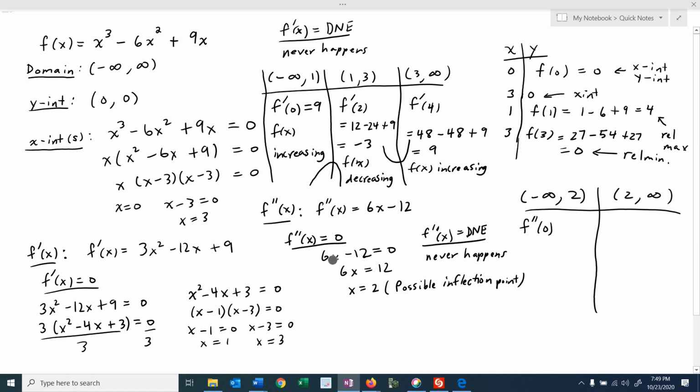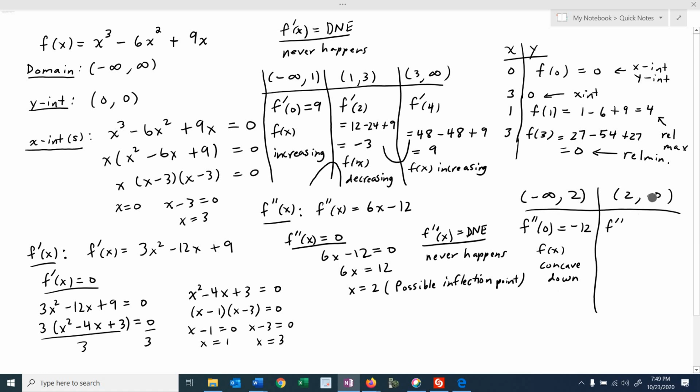Now let's plug that into the second derivative, and we get negative 12. And that means the function's concave down. Remember, when the second derivative is negative, it indicates that the function's concave down.